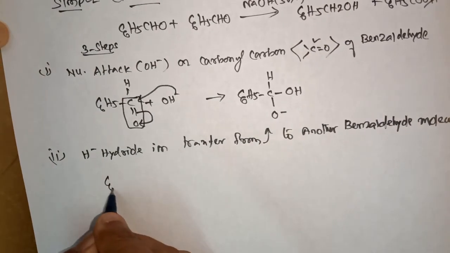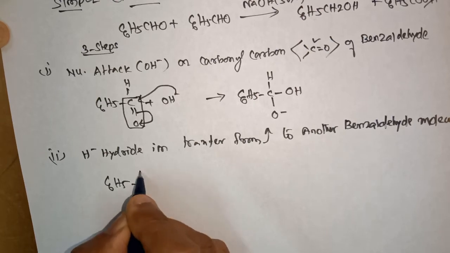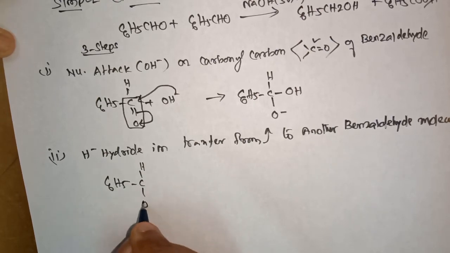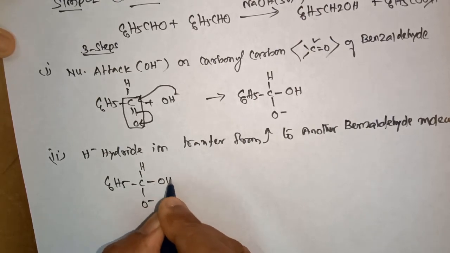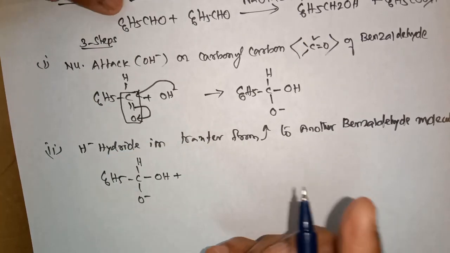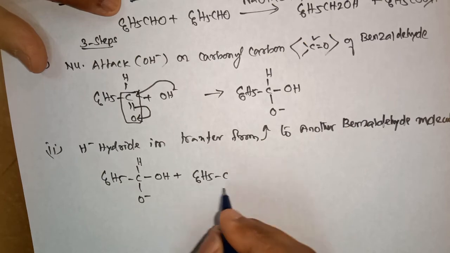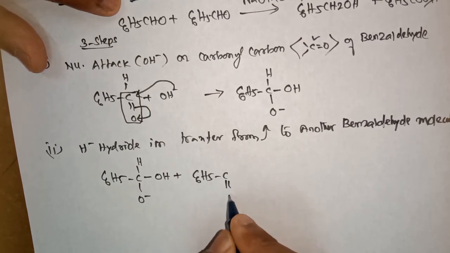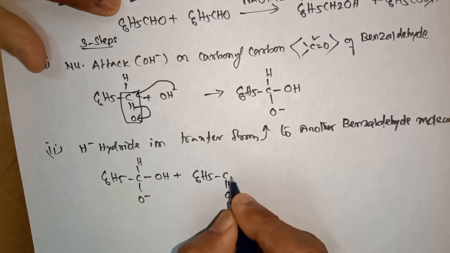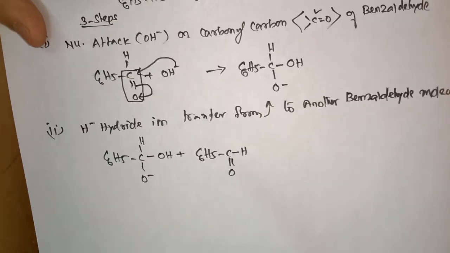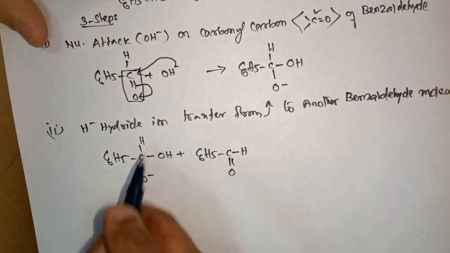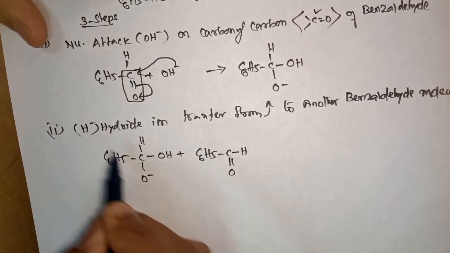So I write here C6H5C, H, single bond O minus, OH, plus another benzaldehyde, C6H5C, double bond O, single bond H.